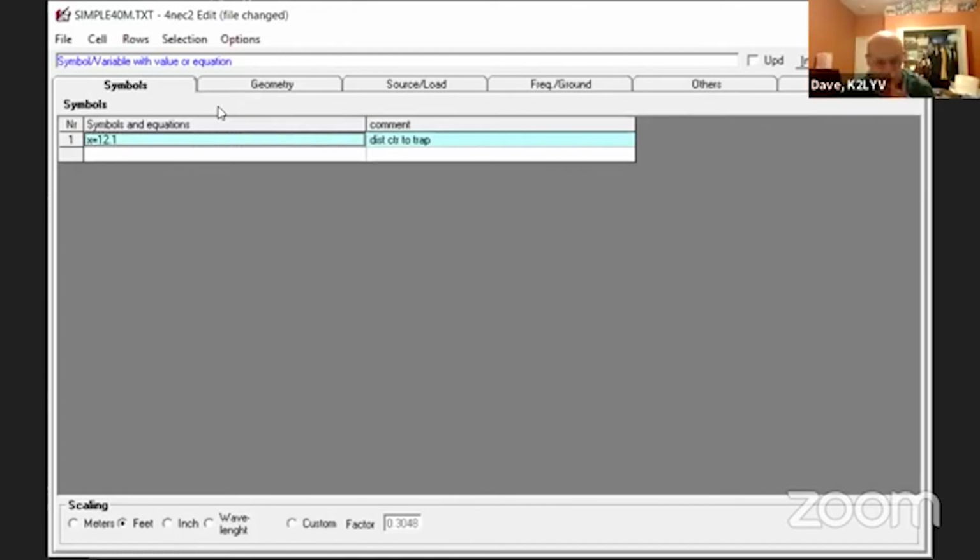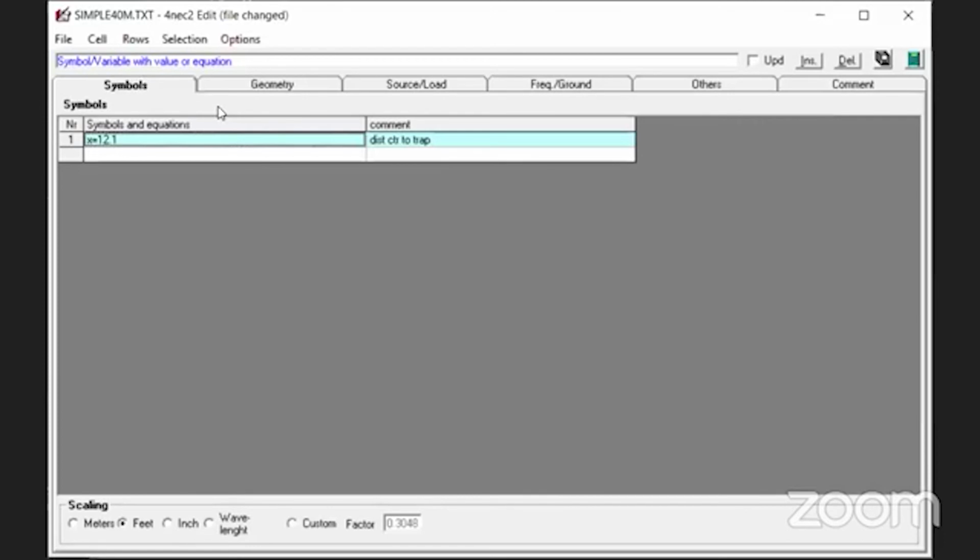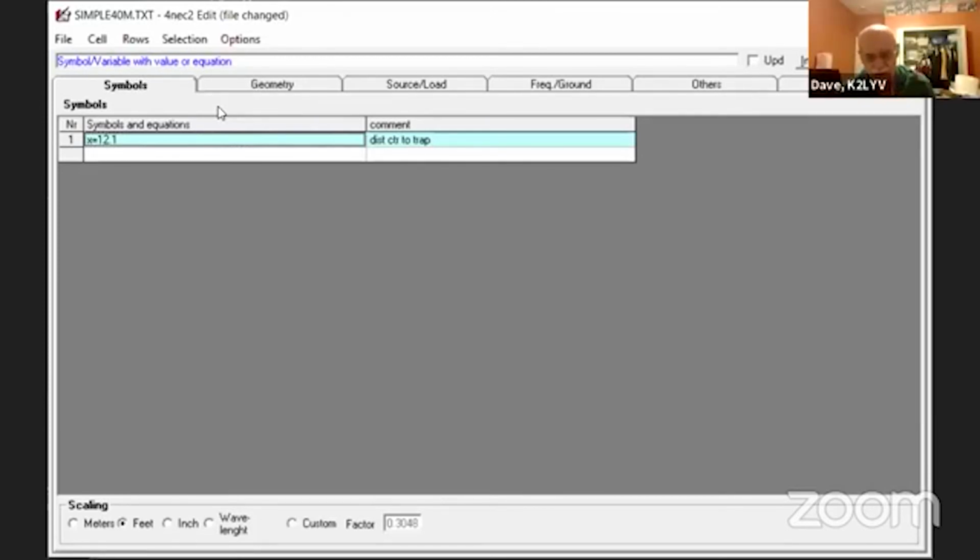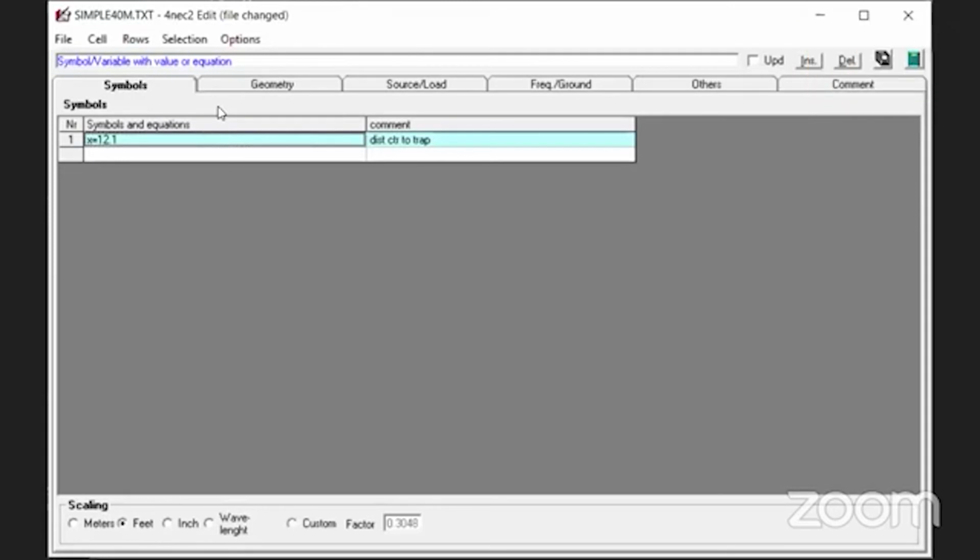It was written back in, I would say, probably the late 90s, when computers, laptops, or even desktops really couldn't handle the Fortran of the NEC code. And so people rewrote it in a way.